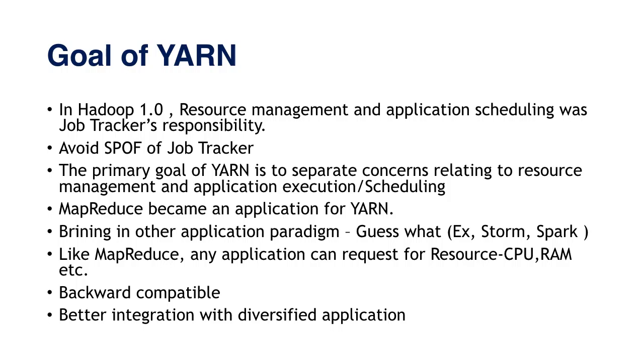So the way the architecture has changed from 1.0 to 2.0 is that MapReduce became an application for Yarn. So you can think of a layer being segregated from an application and pushed down to the platform.